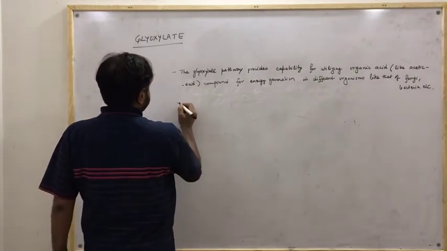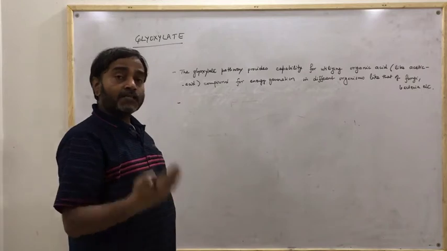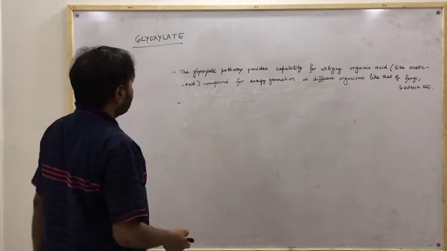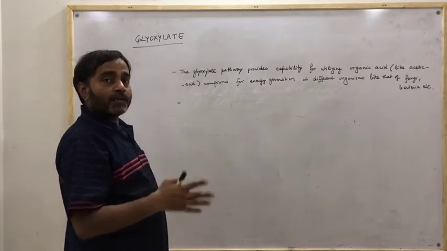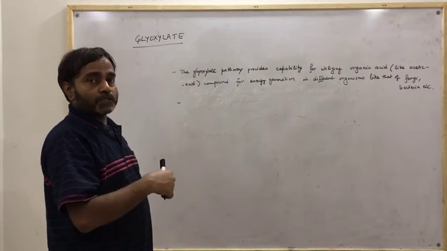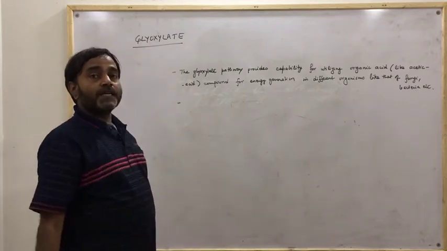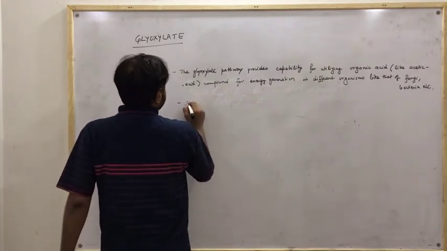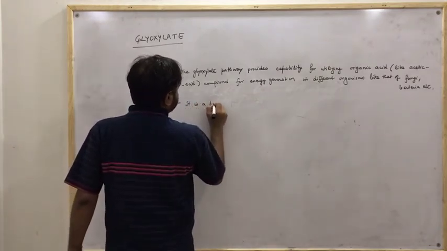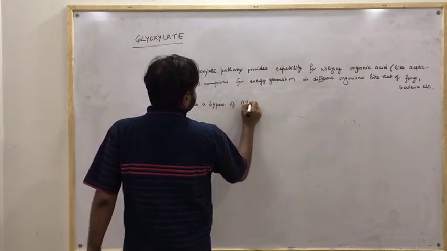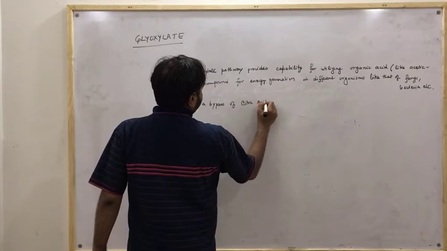Now the other point is, and we already have seen, that the glyoxylate pathway is a variant of the citric acid cycle. So the framework of the citric acid cycle is utilized in this pathway also, and it is said to be the bypass of the citric acid cycle.